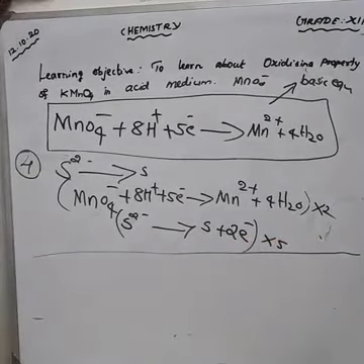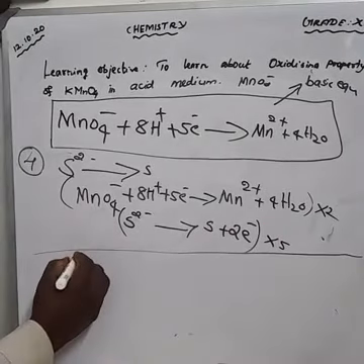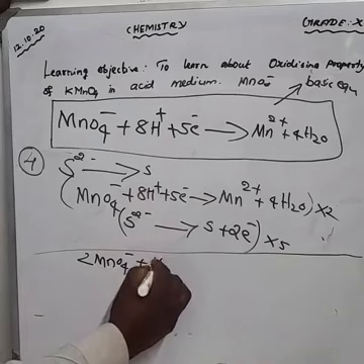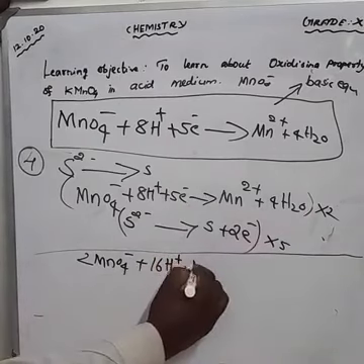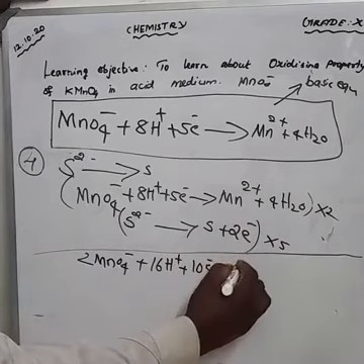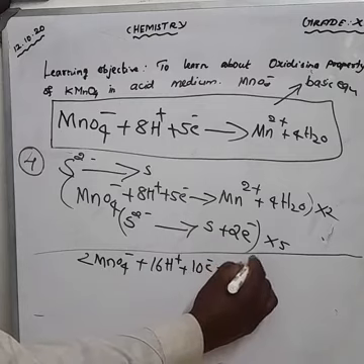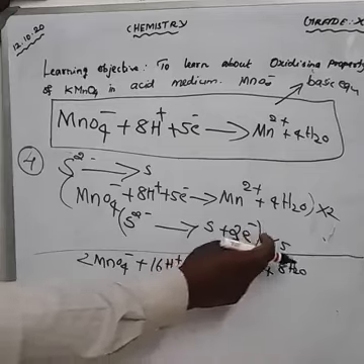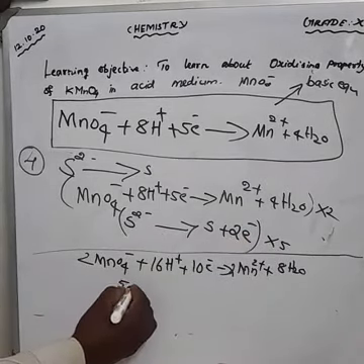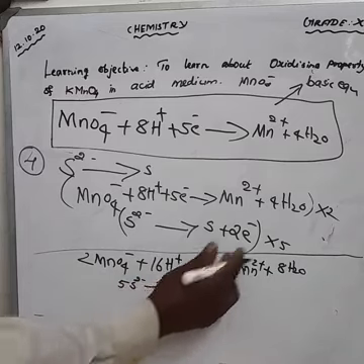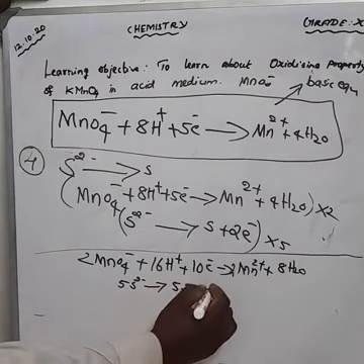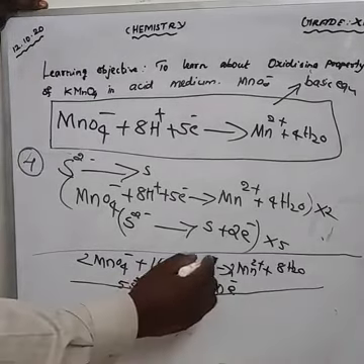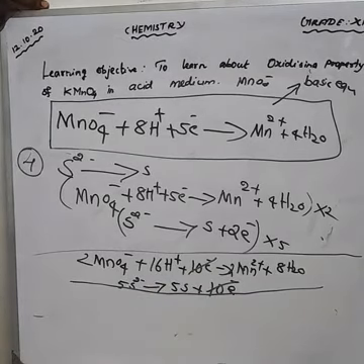So what's the answer? 2MnO4⁻ + 16H⁺ + 10 electrons gives 2Mn²⁺ + 8H2O. And the second one, 5S²⁻ gives 5S + 10 electrons. The 10 electrons cancel.